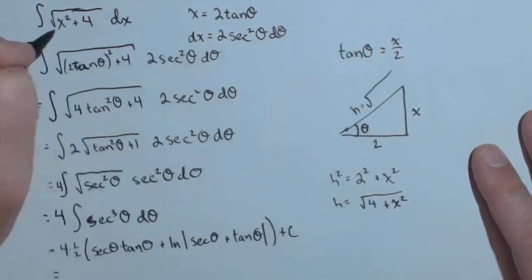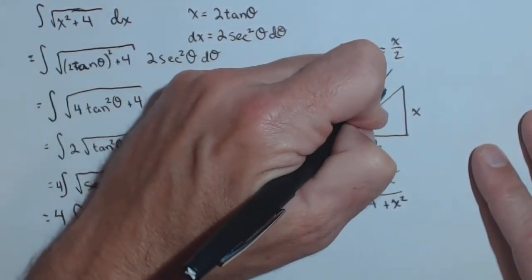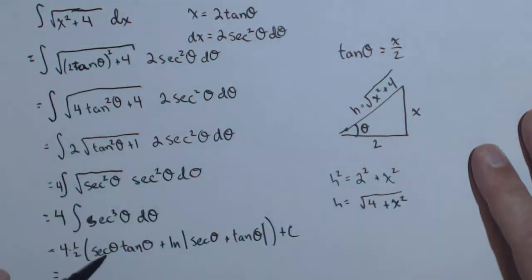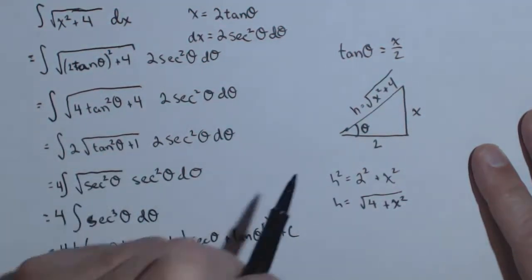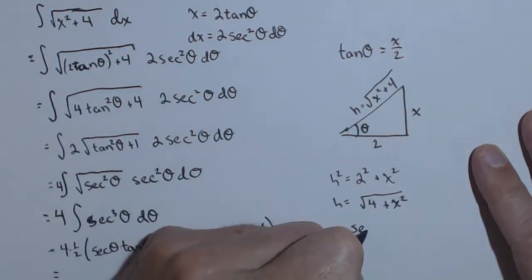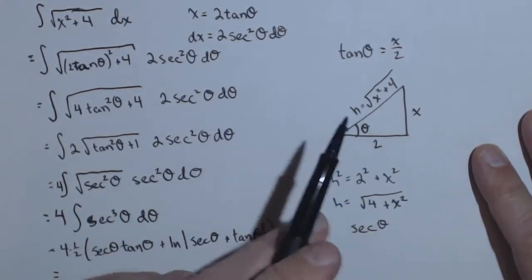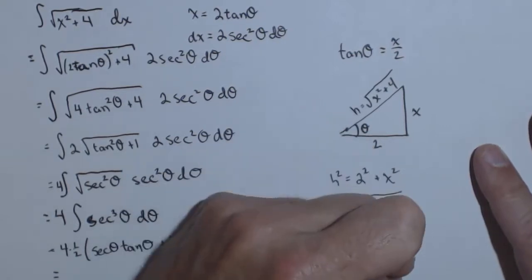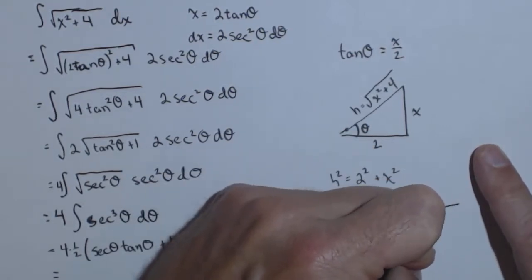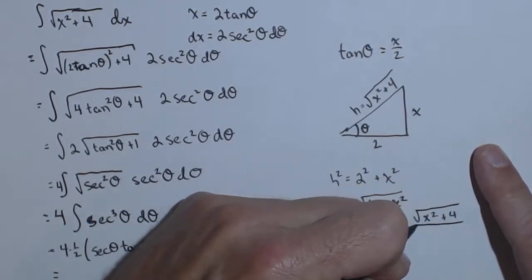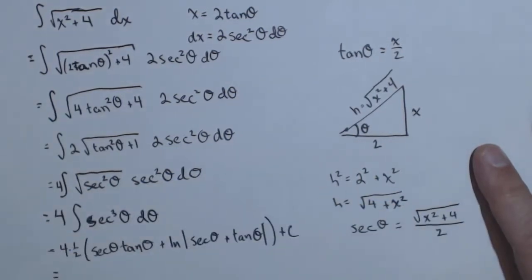Let's write it the same way we had it before. Square root of x squared plus 4. Now secant theta is 1 over cosine. Cosine is adjacent over hypotenuse, so secant theta is hypotenuse over adjacent. Square root of x squared plus 4 over 2.